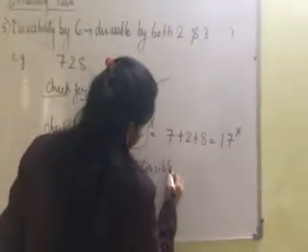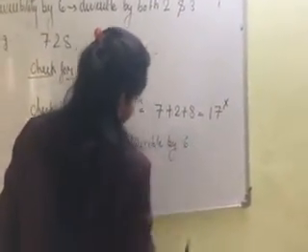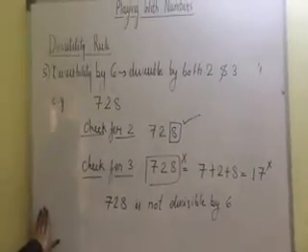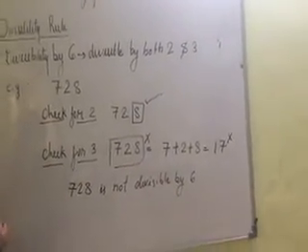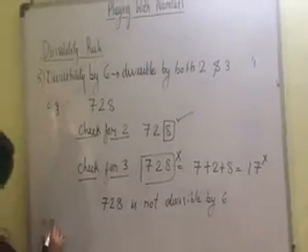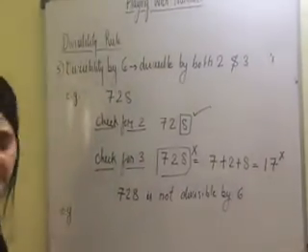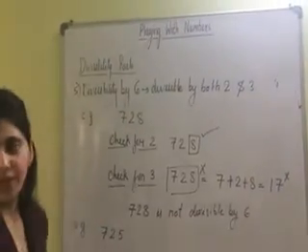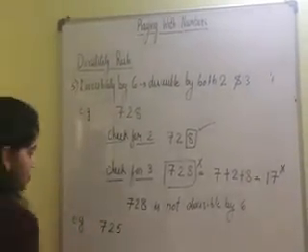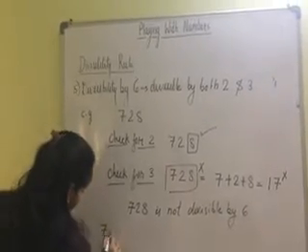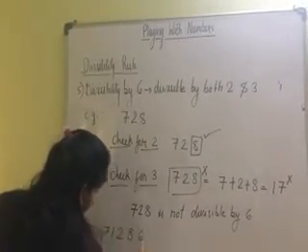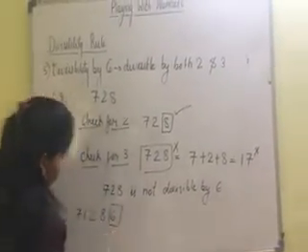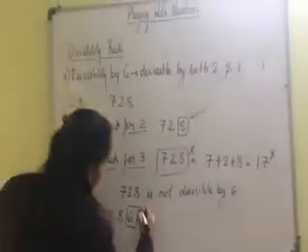Now, take one more example for checking the divisibility of 6. That example is 71286. Here the last digit is 6, so it is divisible by 2.